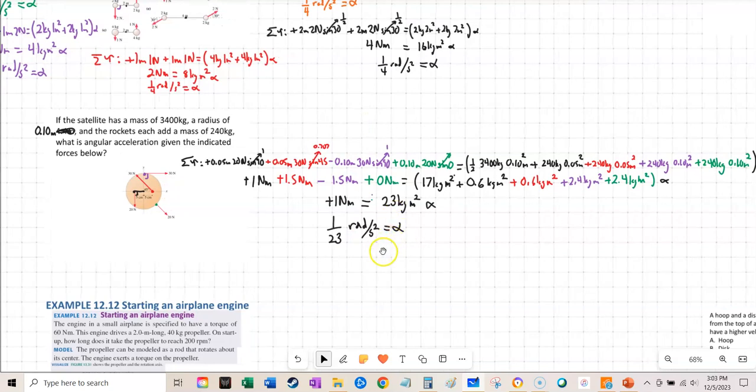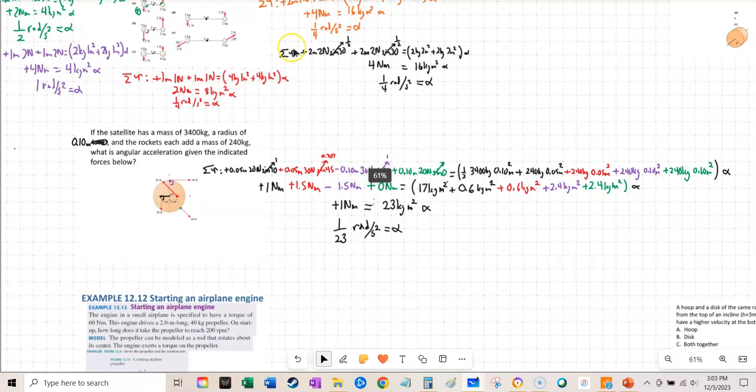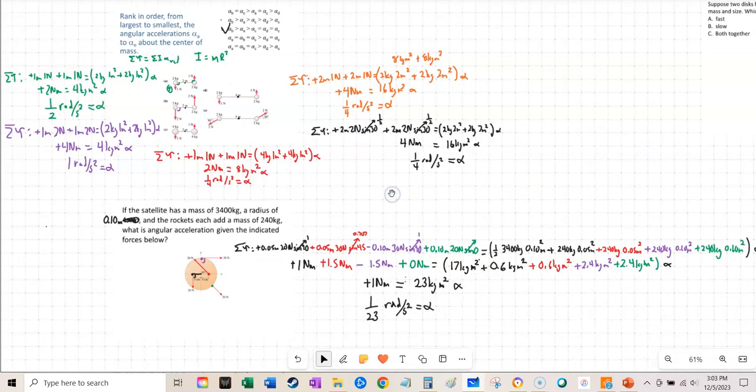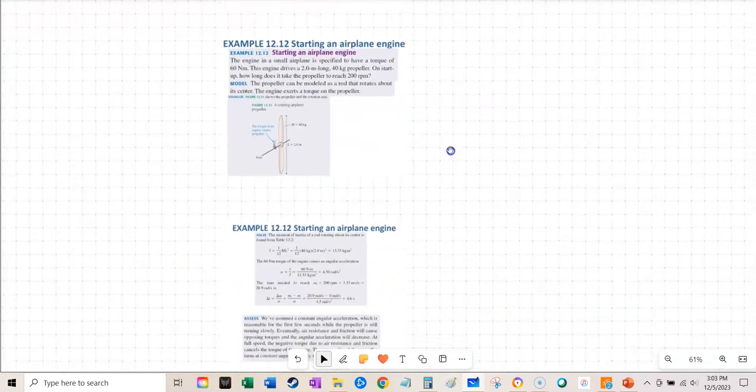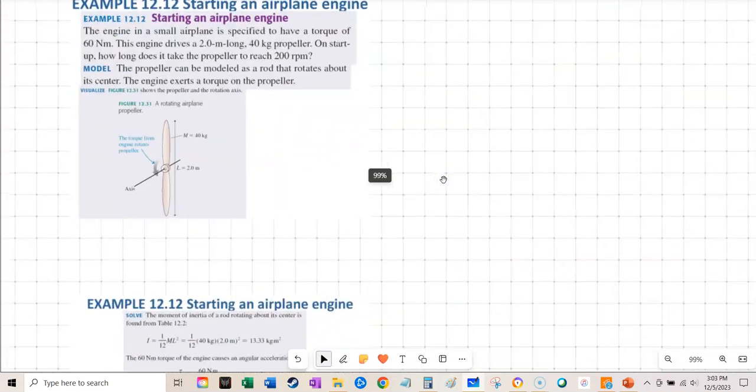Okay? Boy, that's a lot of summations. So these last two problems that we just did are really good problems in practicing the steps of summing torques and moments of inertia.